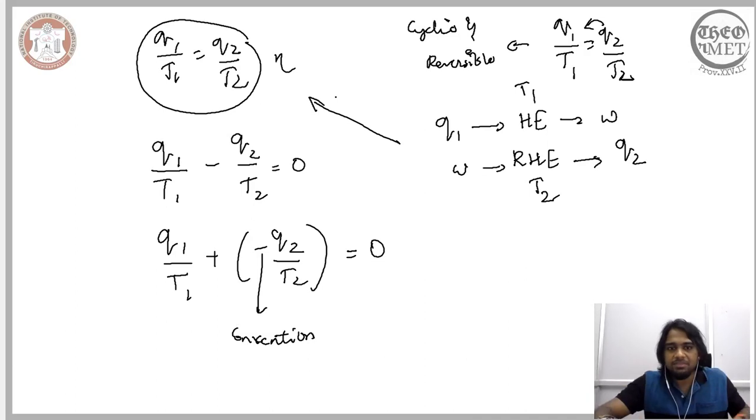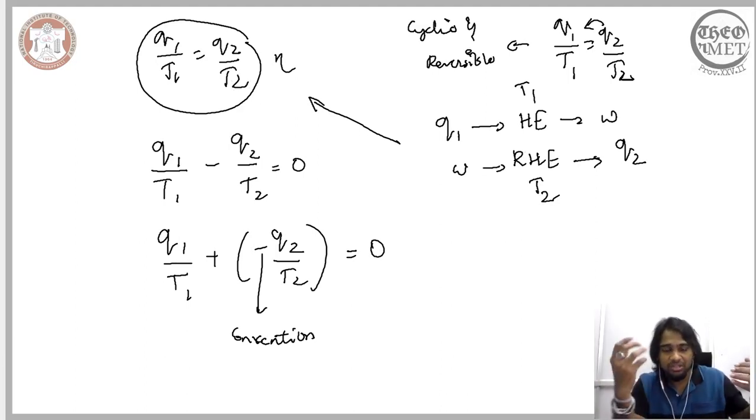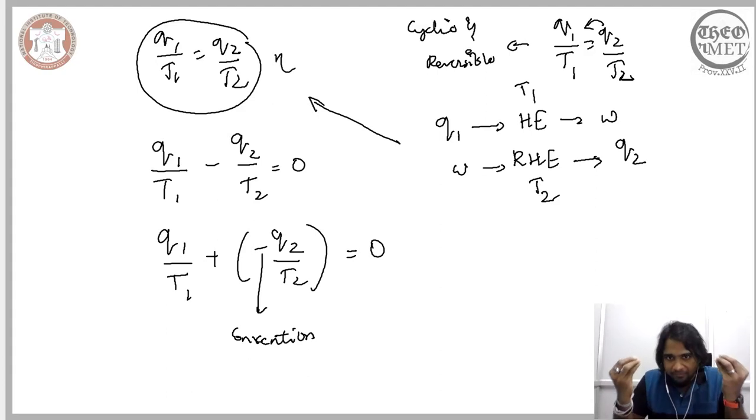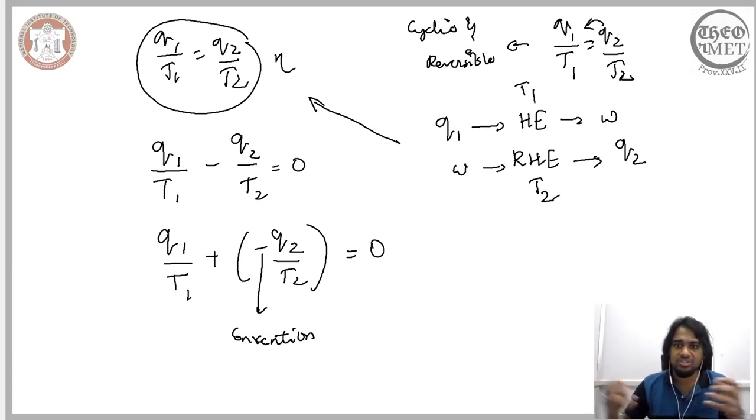Instead of considering the reservoir, if you assume the operation of the heat engine and the reverse heat engine, and consider just the heat input and the work done, whatever heat is fed into the heat engine is extracted from the reverse heat engine. So that is a simplistic way of considering how this process is cyclic and reversible.